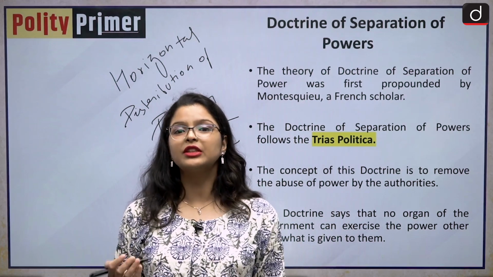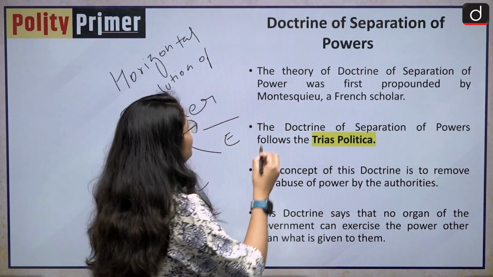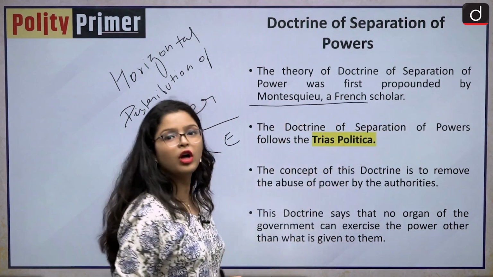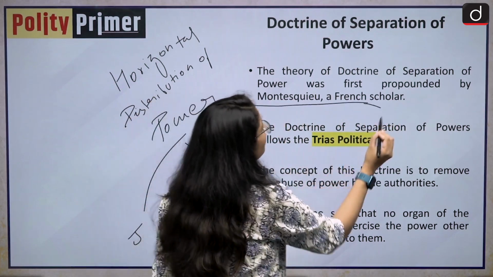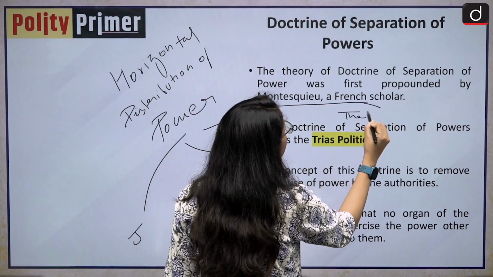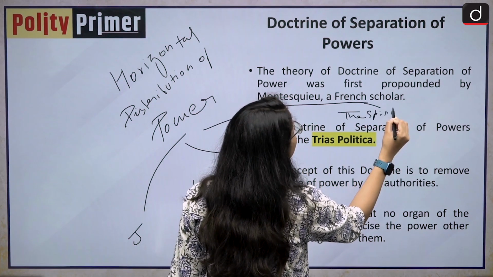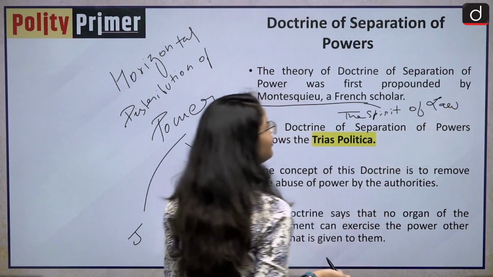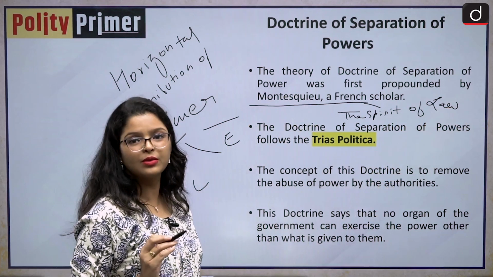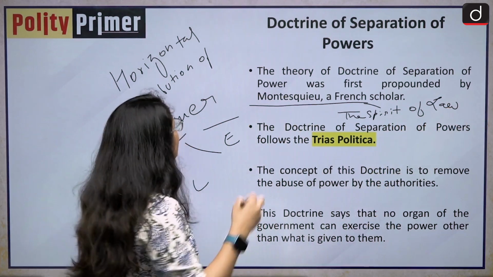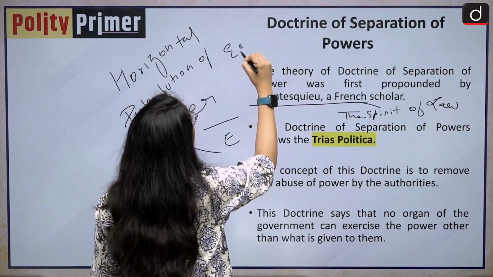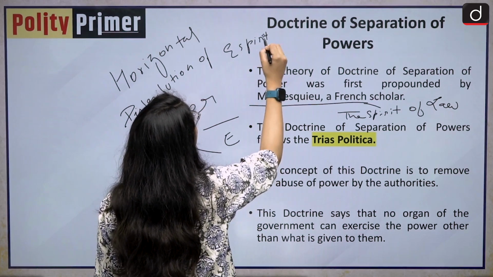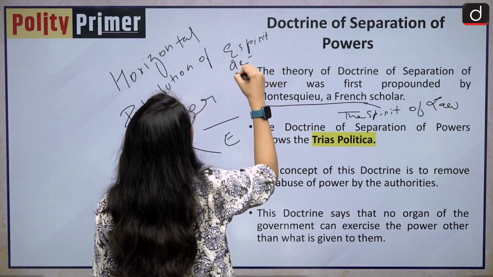The doctrine of separation of power was first propounded by Montesquieu, a French scholar, in his book The Spirit of Law. The Latin version, or the original name of this book, is Spirit de Louis.